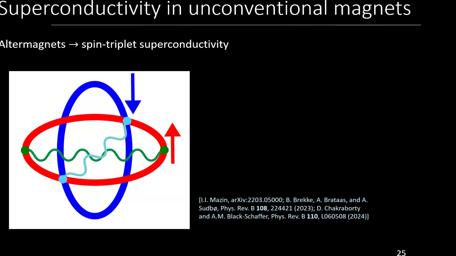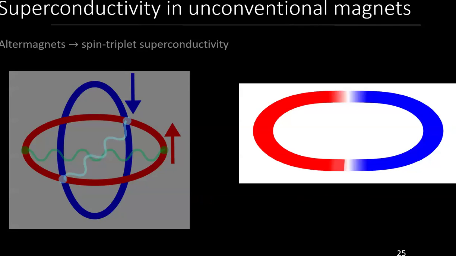So the contribution of such pairings is pretty small compared to the dominant spin triplet superconductivity. There was recent research in this direction, several papers. Some of them predicted the realization of even more exotic superconducting states.